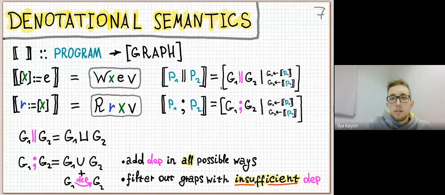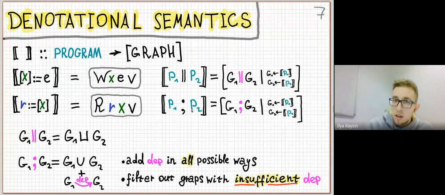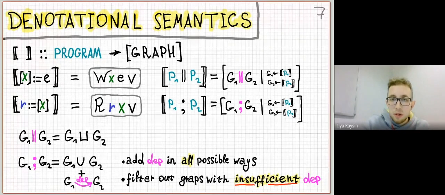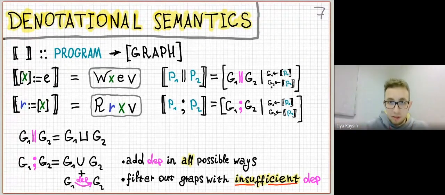If we have a parallel composition of two programs or a sequential composition of two programs, then we just interpret these programs separately, and for every pair of graphs, we combine them using the graph-level composition.